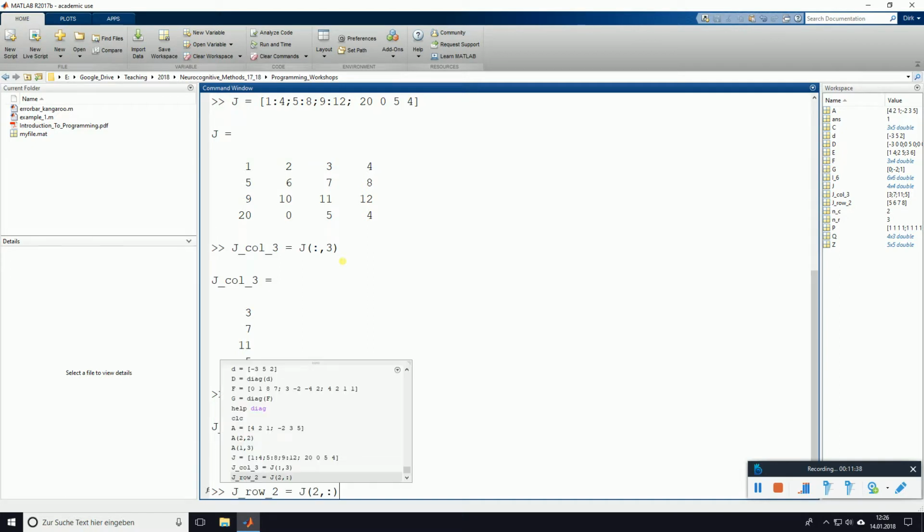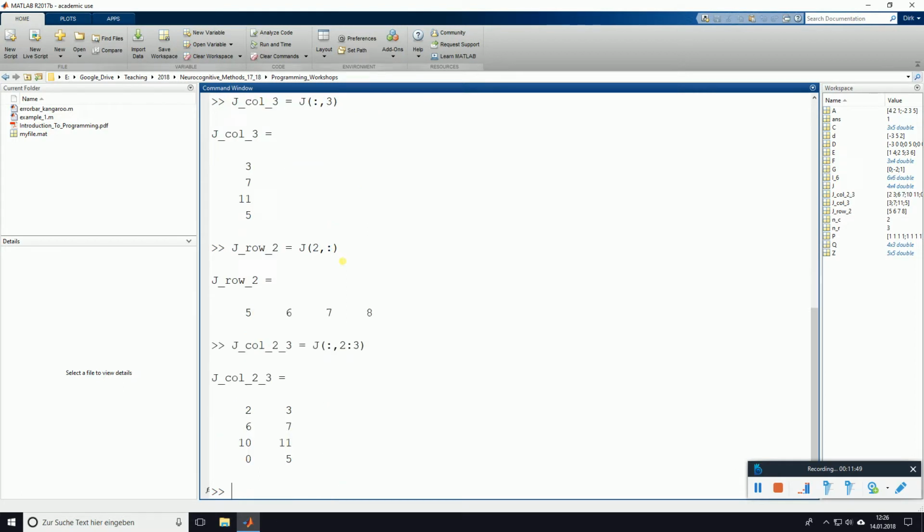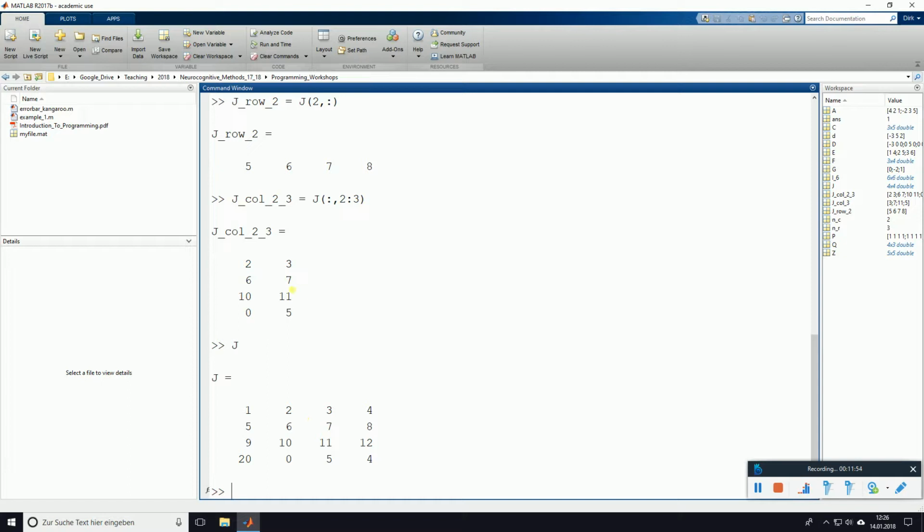So for example, if we want columns 2 and 3 of J, then we would do this and get 2, 6, 10, 14, 3, 7, 11, 15, which are the second and the third column of J. Submatrices can also be extracted.